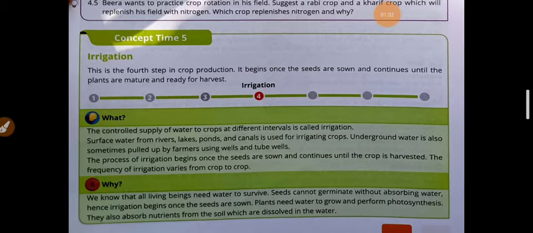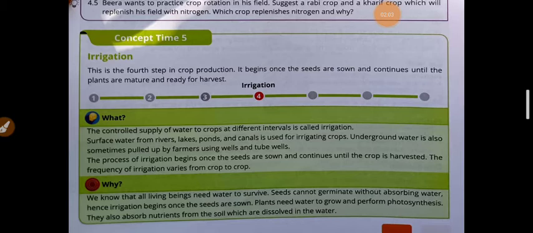They will also use this for irrigation, and as I already told, it begins when the seeds are sown and continues till the crop is harvested. And the irrigation process will vary from crop to crop. If we take another crop, wheat, the irrigation process will be different from paddy.